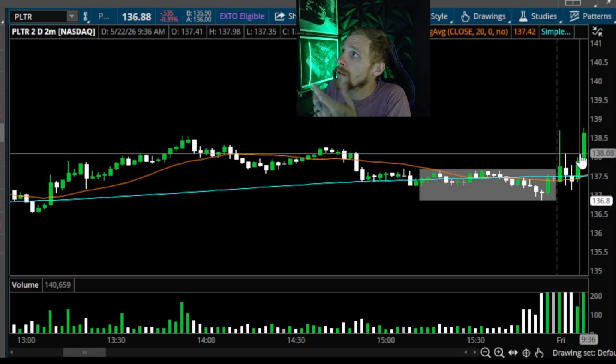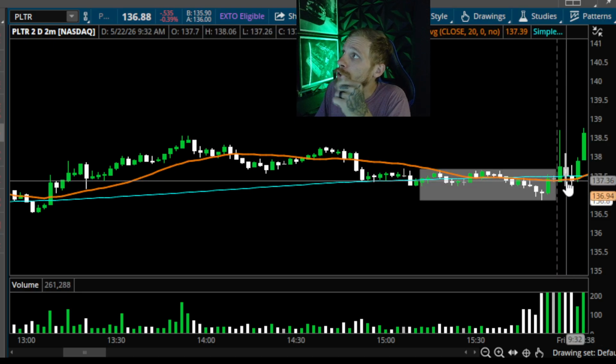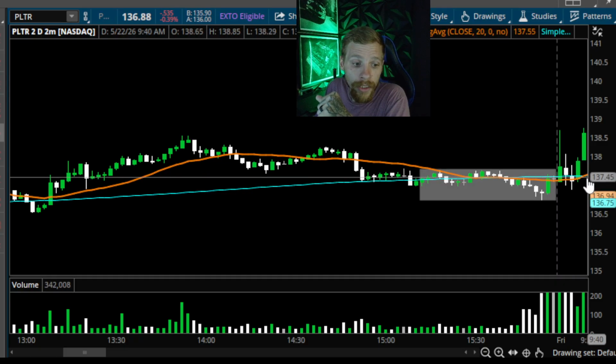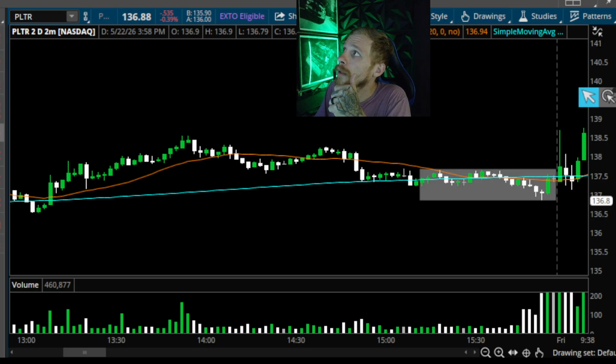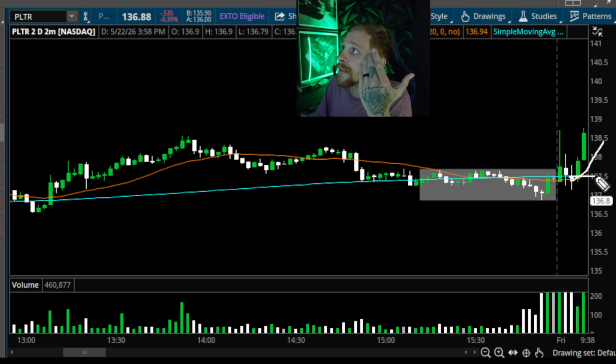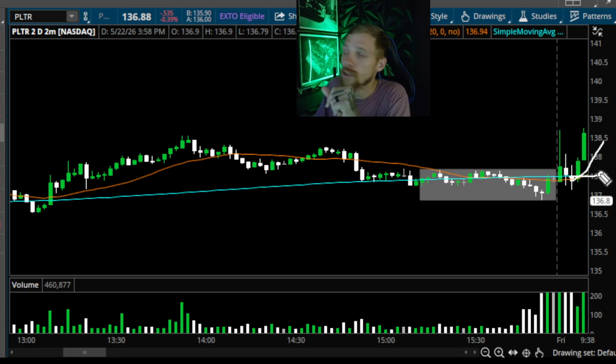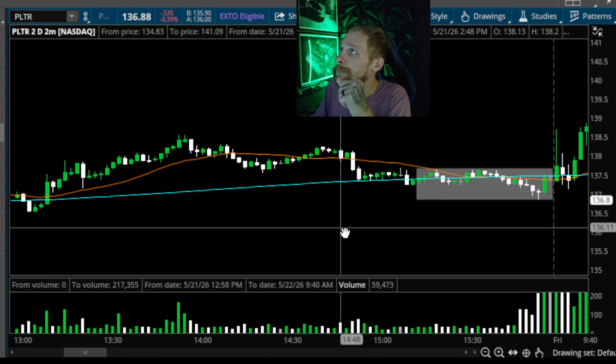So right here, I'm waiting on this to start to trend, and I want this 20 SMA, this orange line here, to start to move up out of this narrow state like this. That's what I'm looking for, and the 200 to stay relatively flattish. So I'm waiting on that.